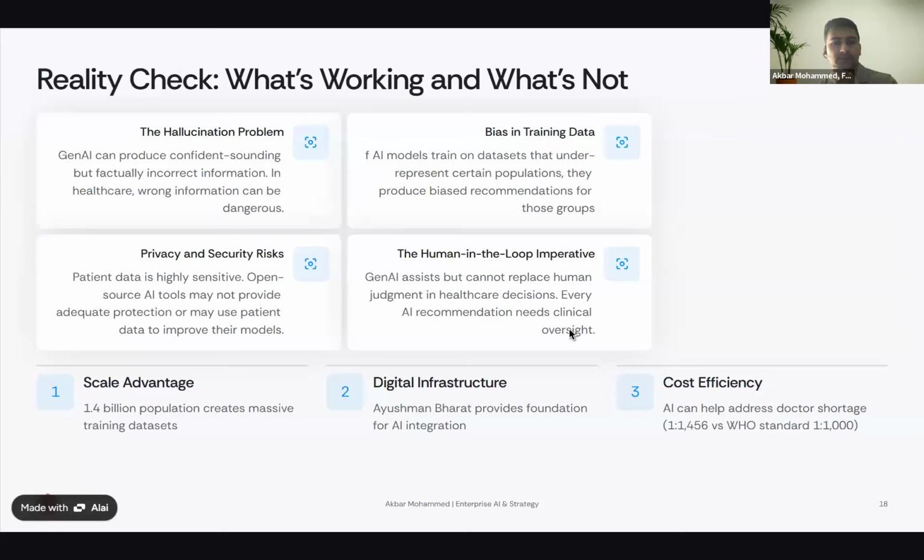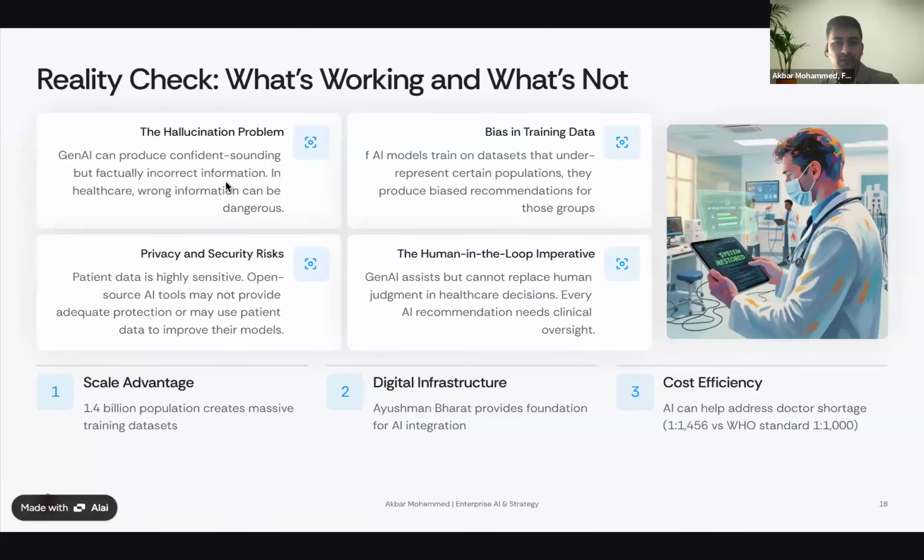Now coming to what is not working. AI still has a hallucination problem, and this is within the healthcare context. And historically, healthcare has evolved depending on which school you went through.